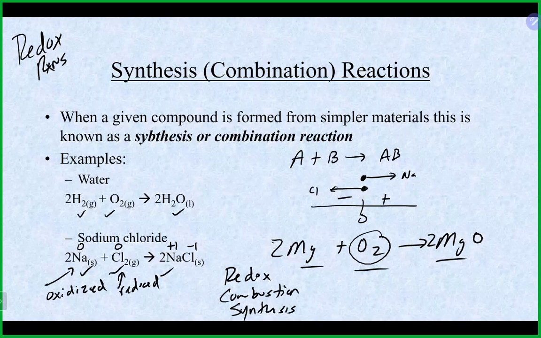So this one reaction could actually be classified three different ways depending on what you're looking at. This is a redox reaction, there's oxygen, so it's a combustion reaction, and there's two things making one thing, which means it's a synthesis or combination reaction. So you can classify a reaction multiple ways depending on what you're looking for. You should choose the best way. I would say most people would roll with synthesis or combination for this reaction, but it can be classified in any of those ways. Technically, all those things are happening.